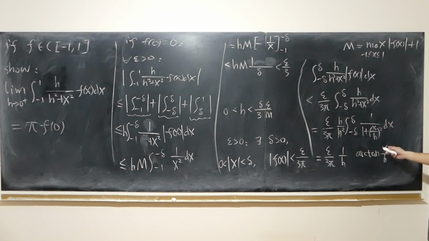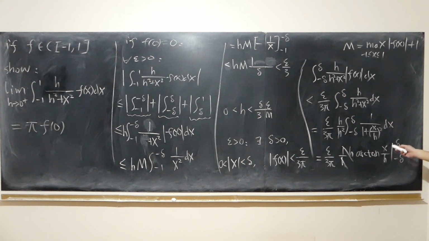Just double check, differentiate that: 1 over that times 1 over h. Have to multiply by h, cancel 1 over h. Right? So this is gone. Evaluated from negative delta to delta.